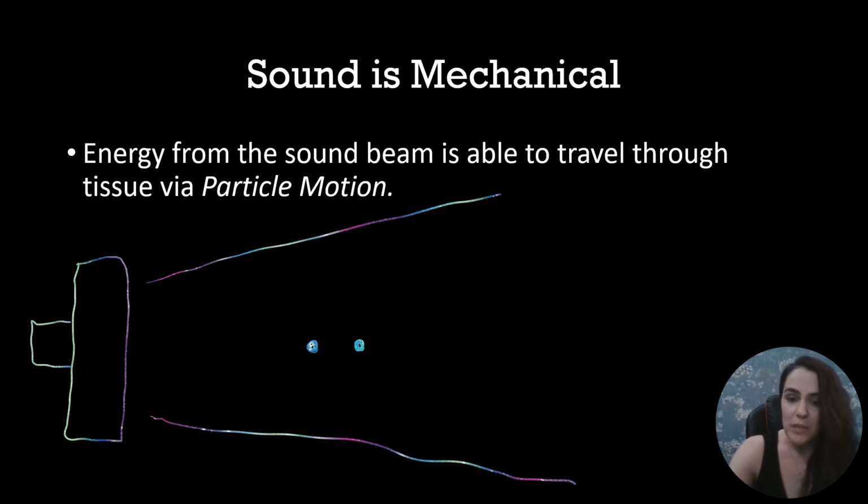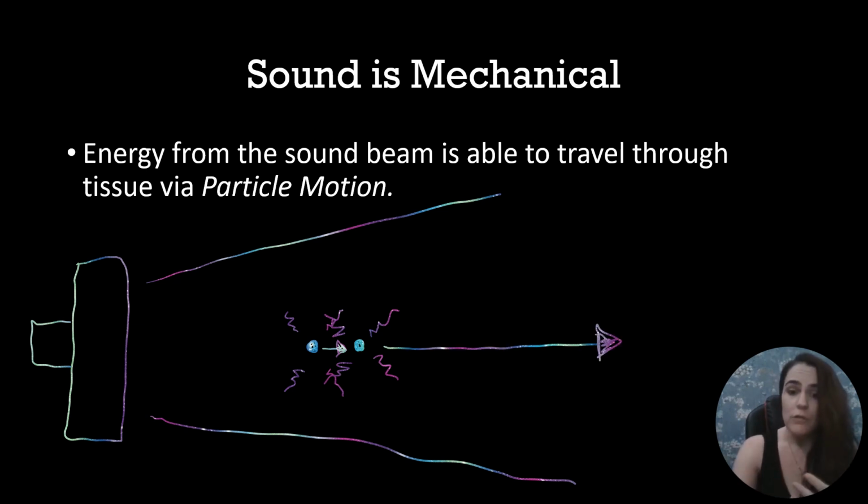As our sound beam, we have our transducer here and our sound beam. As our sound beam sends sound into the body, that sound is going to excite those particles. Those particles are going to start to vibrate, okay? And this vibration is going to excite the next particle over.